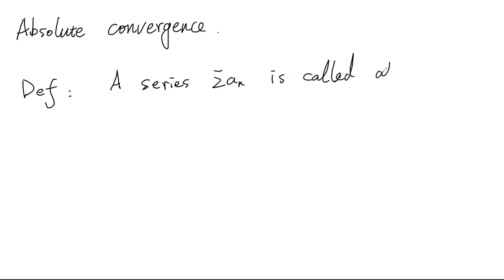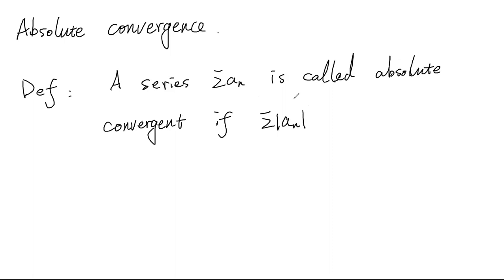The series an is called absolutely convergent if the series of the absolute value of the original series is convergent.